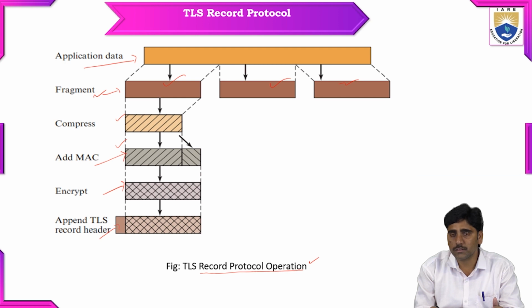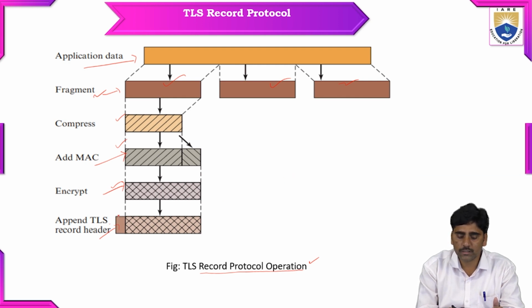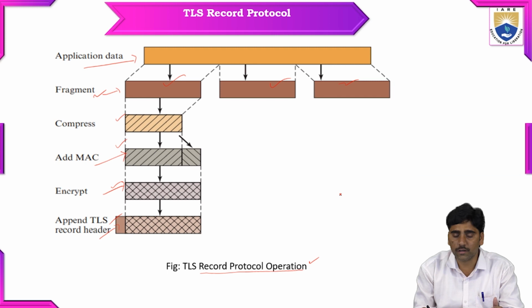Next, the encryption process is applied to the data with the message authentication code. Then the TLS record header is appended to the encrypted data. These are all the phases applied for the data transmission to the next layer.